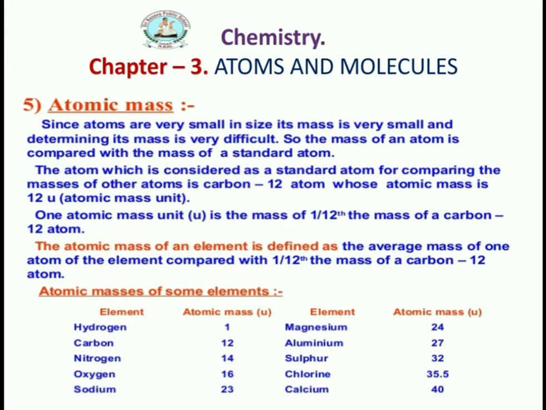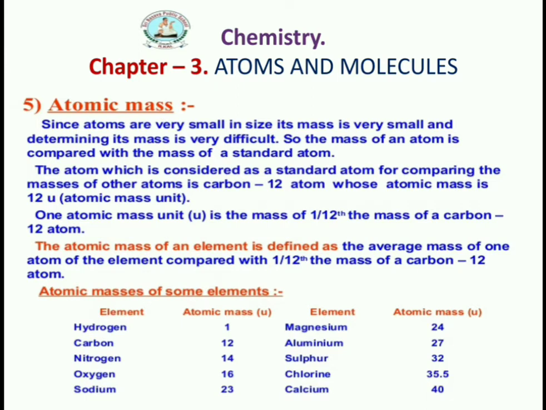What is the standard atom? The atom considered as the standard for comparing the masses of other atoms is carbon 12. Carbon's atomic number is 6, but its atomic mass number is 12, whose atomic mass is 12 u, meaning atomic mass unit.